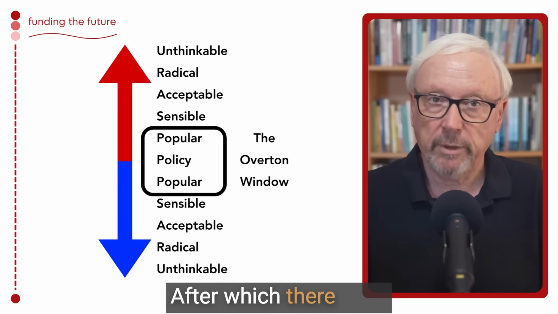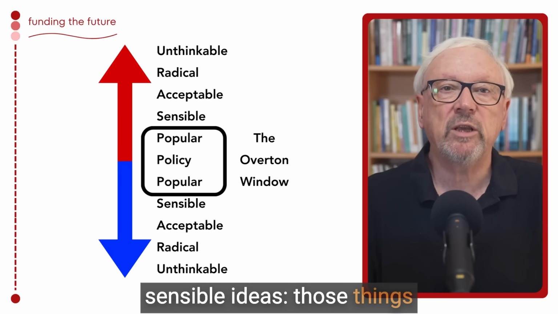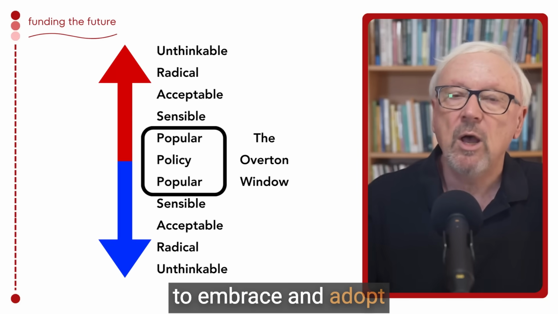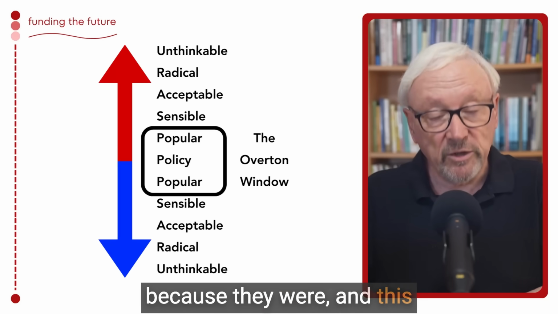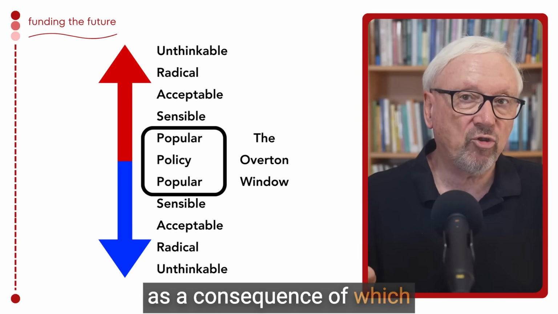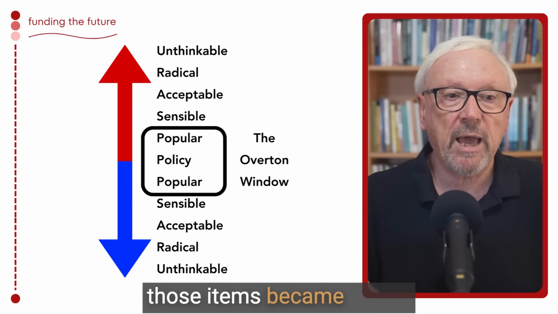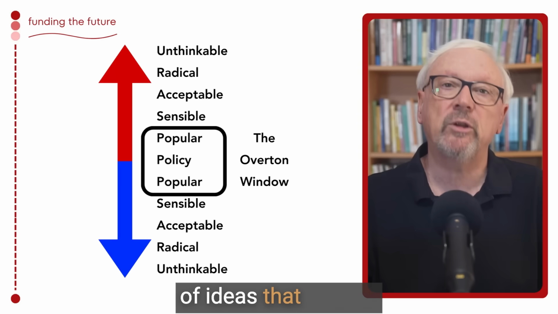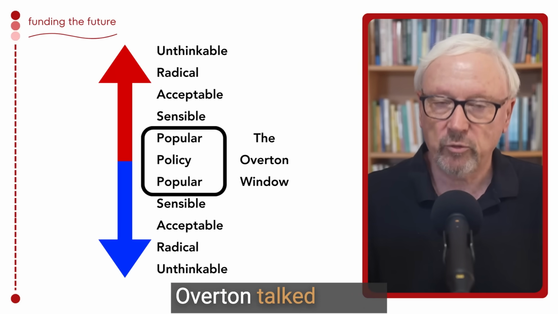After which there were sensible ideas, those things that politicians were happy to embrace and adopt because they were, and this is the fifth category, popular, as a consequence of which those items became policy, which is the sixth category of ideas that Joseph Overton talked about.